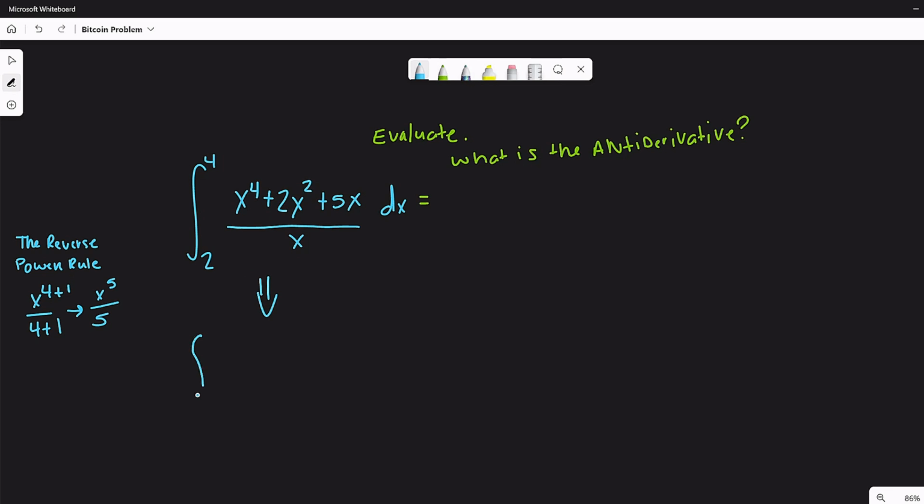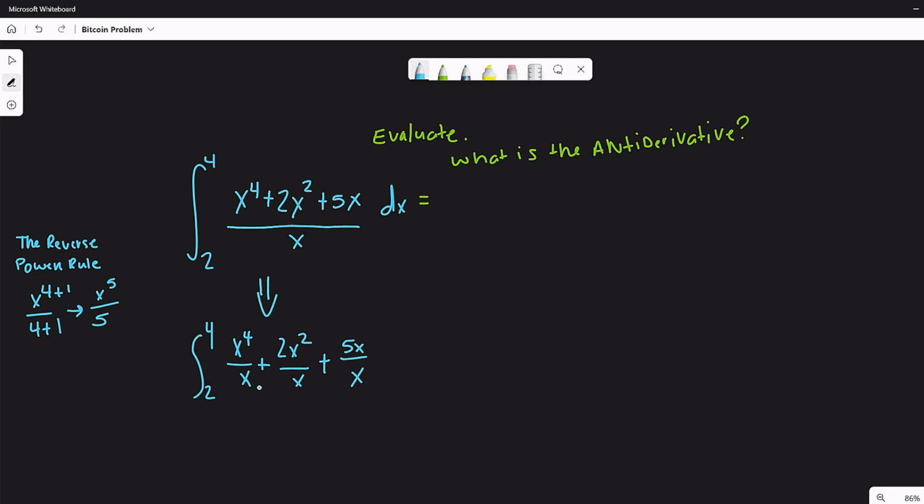So we are looking at the integral from 2 to 4, and we can rewrite this as x to the fourth over x plus 2x squared over x plus 5x over x.